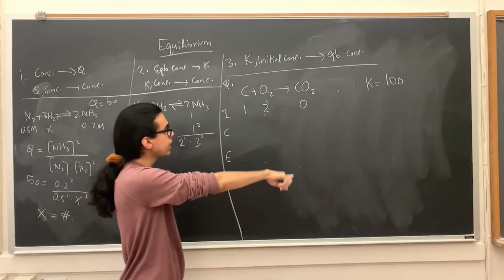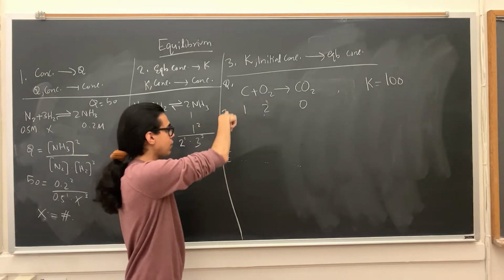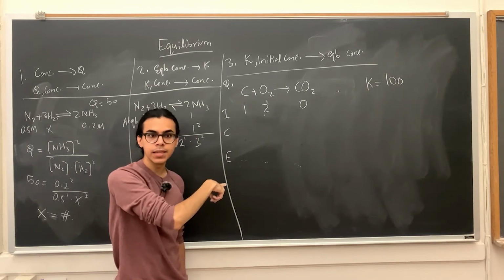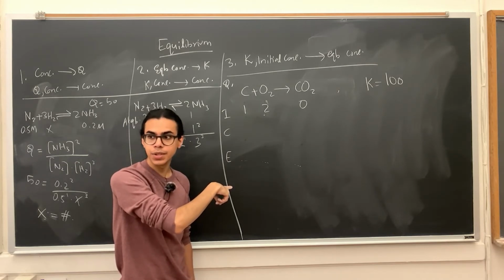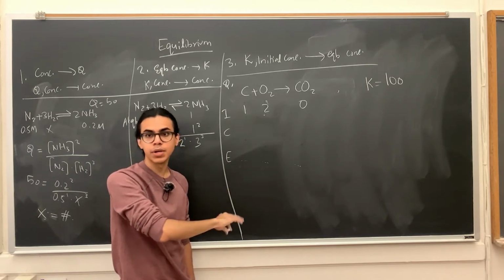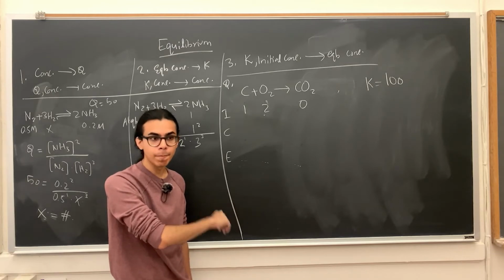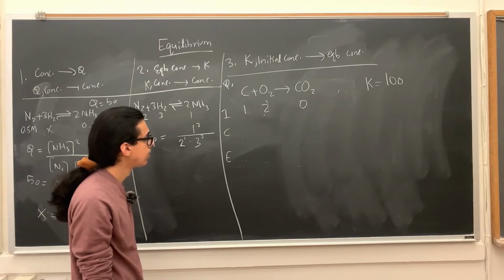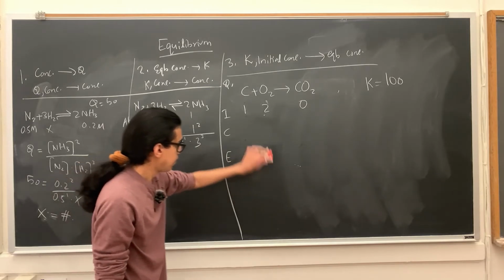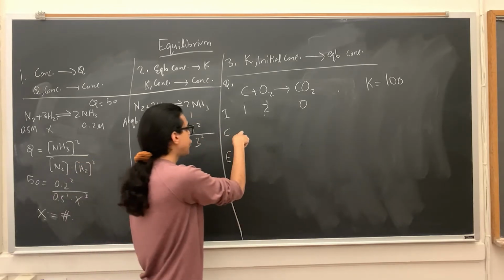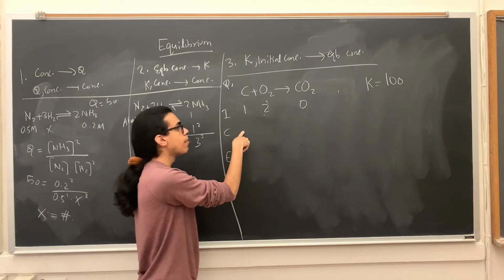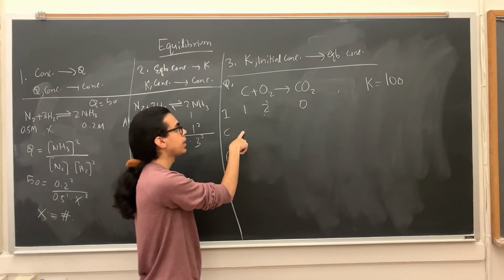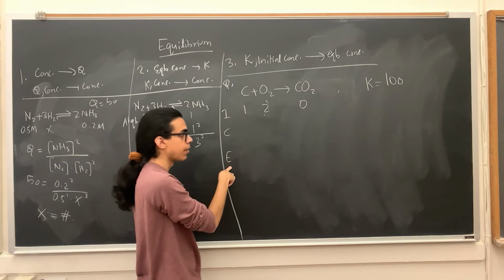So for equilibrium questions of this kind, we're always going to draw what's called an ICE table: initial, change, equilibrium. This is just a bookkeeping tool. What goes in the change row is the unknown amount of change that happens as the reaction goes from initial to equilibrium.